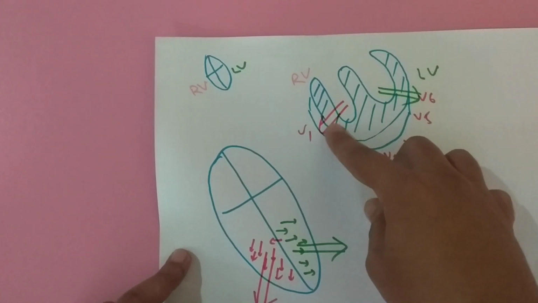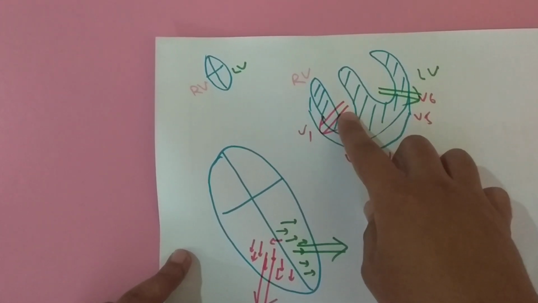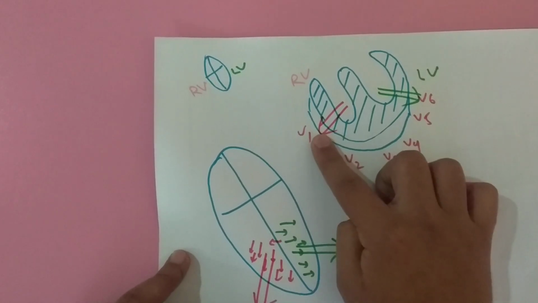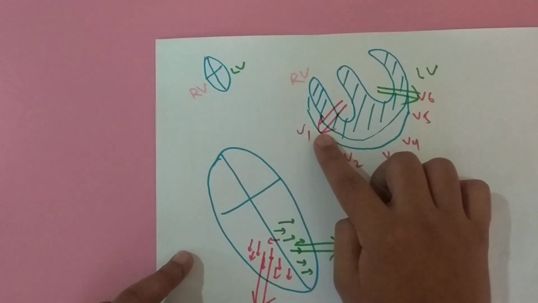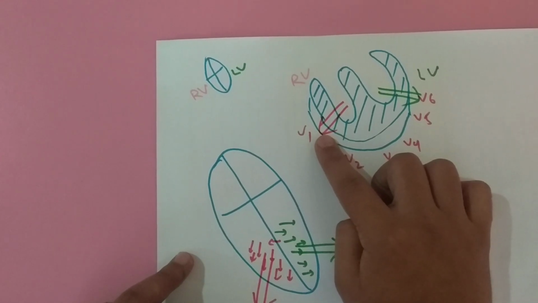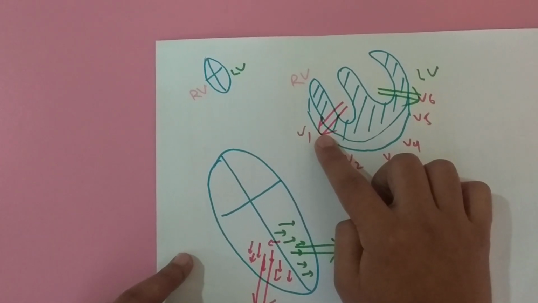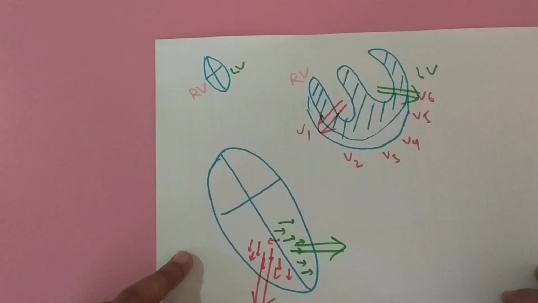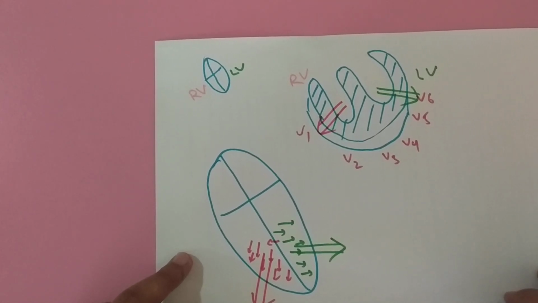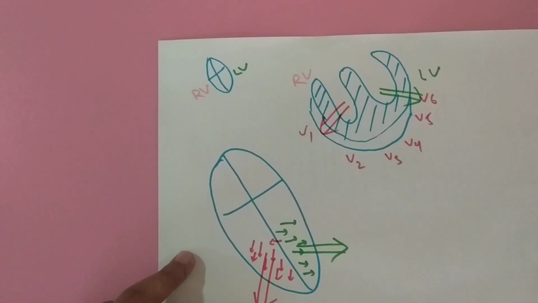A positive vector moving towards the positive exploring electrode, so V1 will be picking up a resultant vector that is positive. So till now it's clear, I hope.